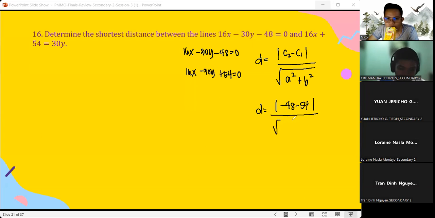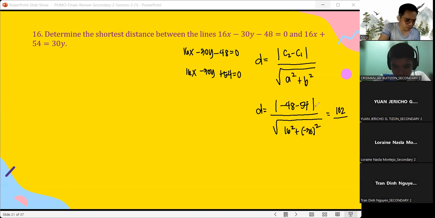Then, this is the square root of 16 squared plus negative 30 squared. So that's 102 over the square root of 256 plus 900, which is 1156.